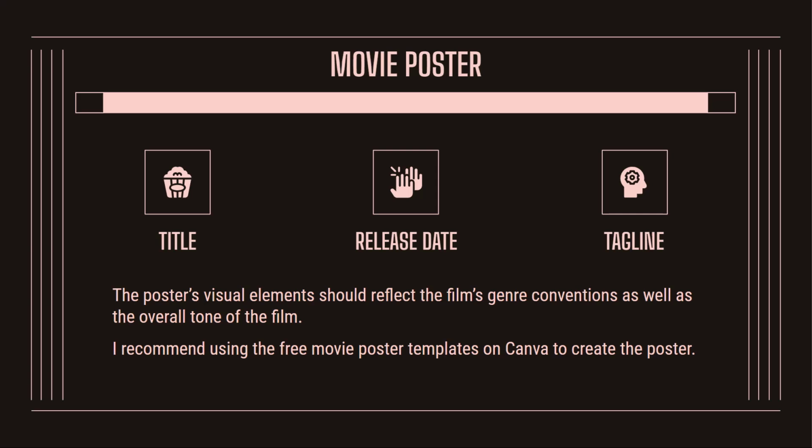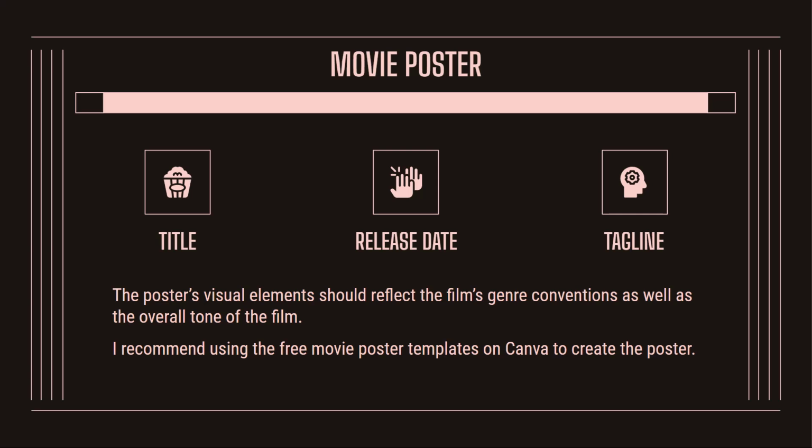The final slide of the slide deck should be a movie poster, inserted as a JPEG or a PNG. Imagine that this poster will be used to advertise the film. Your poster should feature 3 important elements: the film's title, the film's release date, and a tagline that will attract audiences.